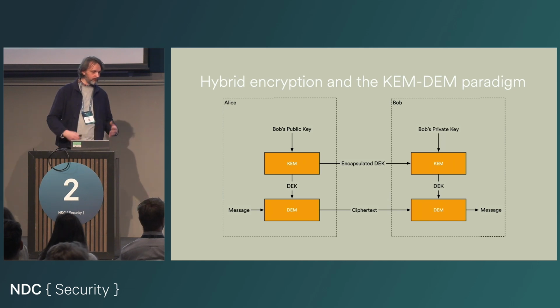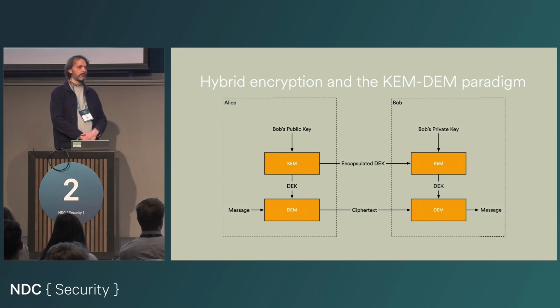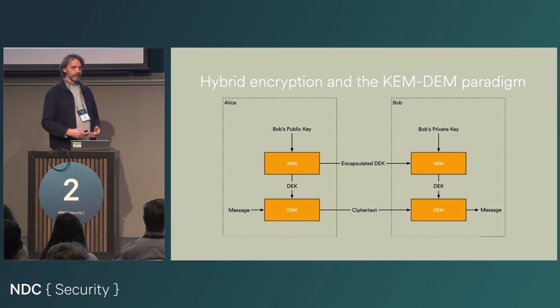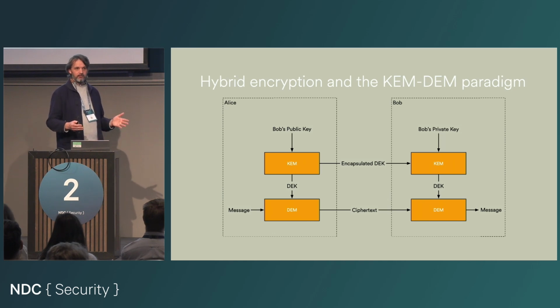So normally when we do public key encryption, we do what's called hybrid encryption. So a public key encryption scheme like RSA has two problems. One is that it's very slow compared to something like AES, typically orders of magnitude slower. And also, there's a limit to how much data you can encrypt, so typically a few hundred bytes.